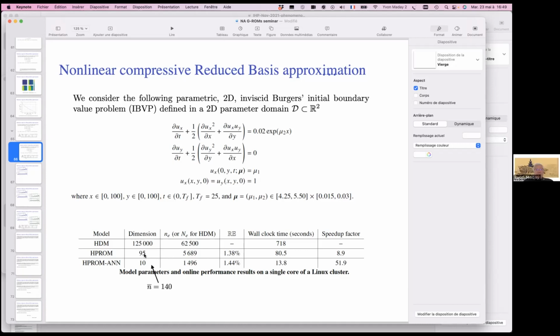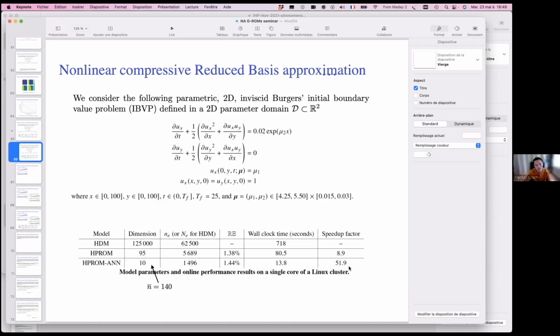But already the accuracy here is decent, though you need a size of about 100 coefficients. We prove here that with only 10 degrees of freedom, we are able to recover about the same accuracy with, of course, a large speedup.